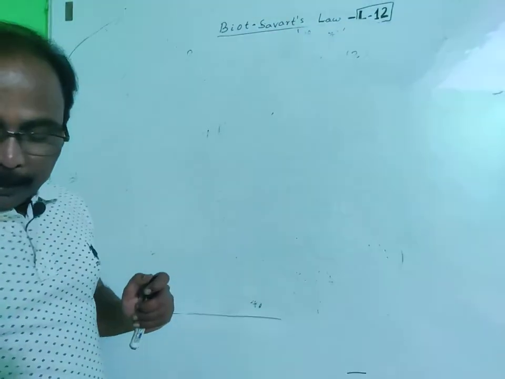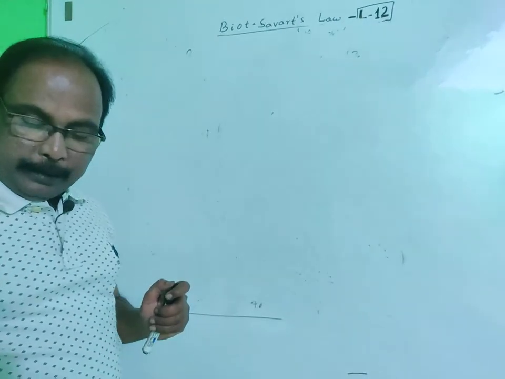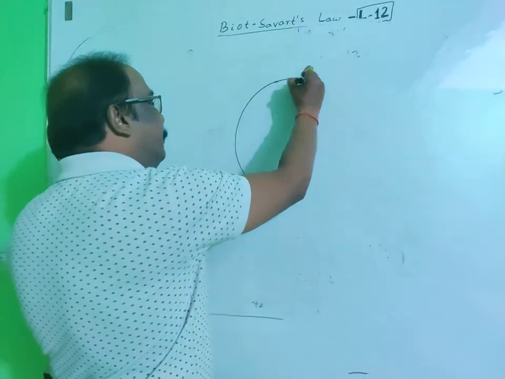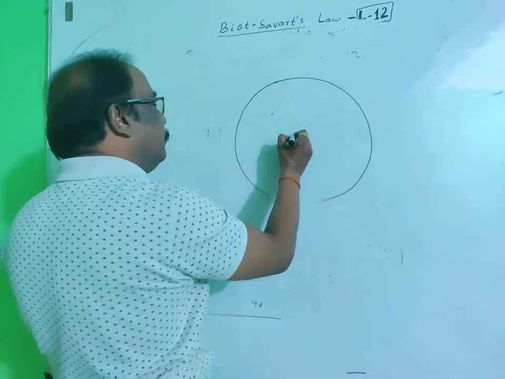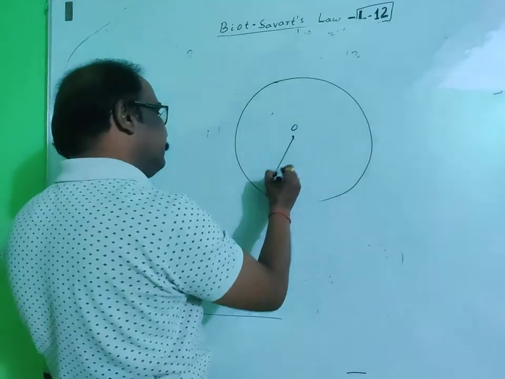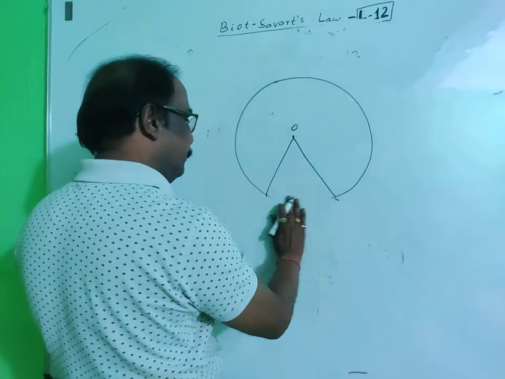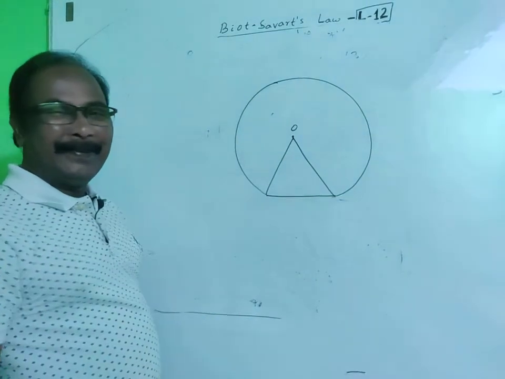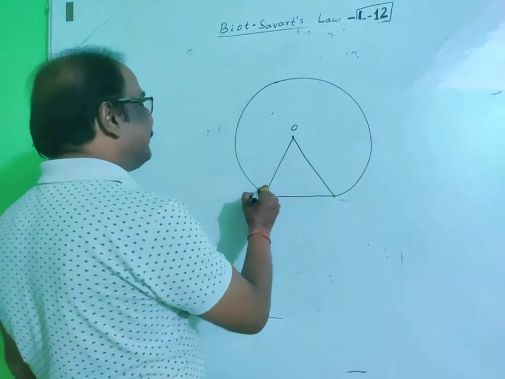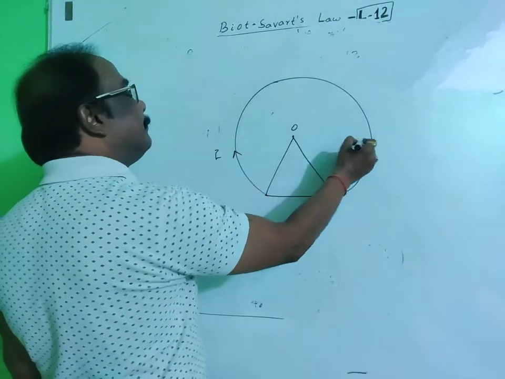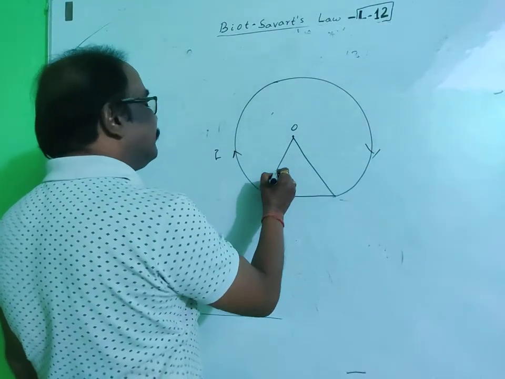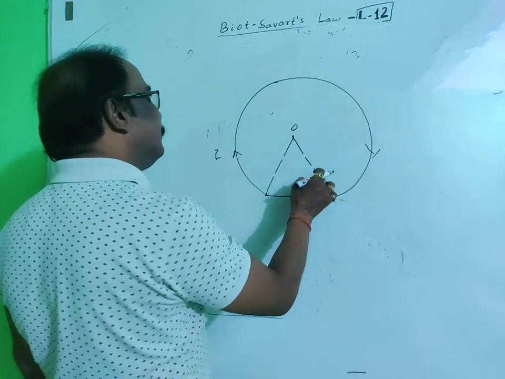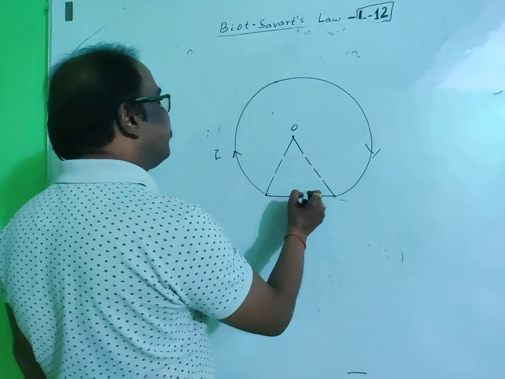Okay, I am showing you another question. To some extent it is curly, but you can do it easily. Suppose, this is the center. This may be the question. This is a straight part.